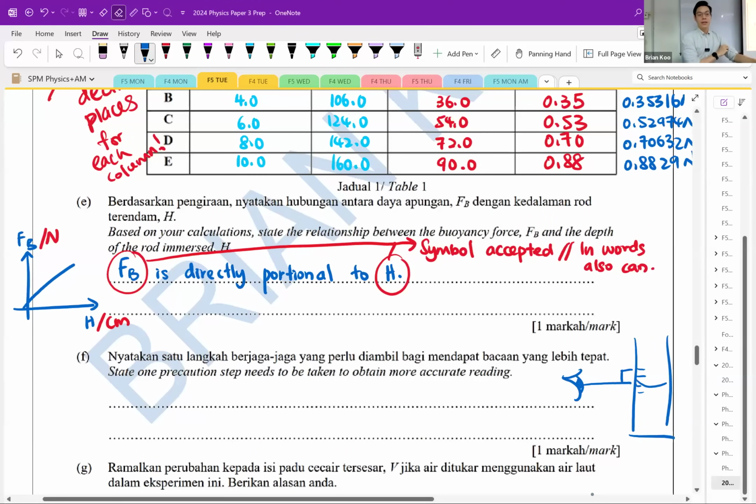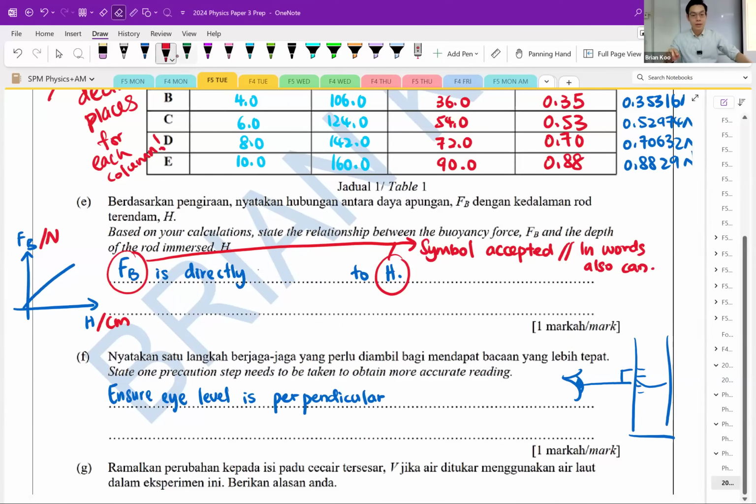Okay. So ensure eye level, something like this is perpendicular. Cannot write increase. Cannot. Pro... Oh, your paper confirm will have graph.